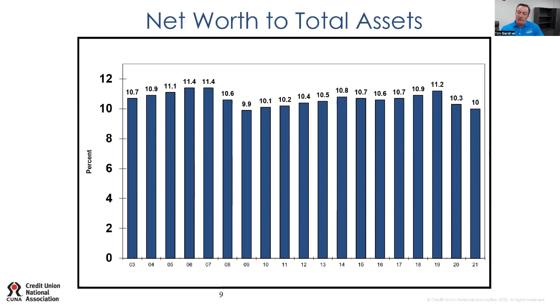So when we go back to 2009 as an example, 2009 was when the credit union net worth ratio was 9.9%. The reason that went down is because we in the credit union industry were given a check or a bill basically by the NCUA to cut them a check to create a stabilization fund.